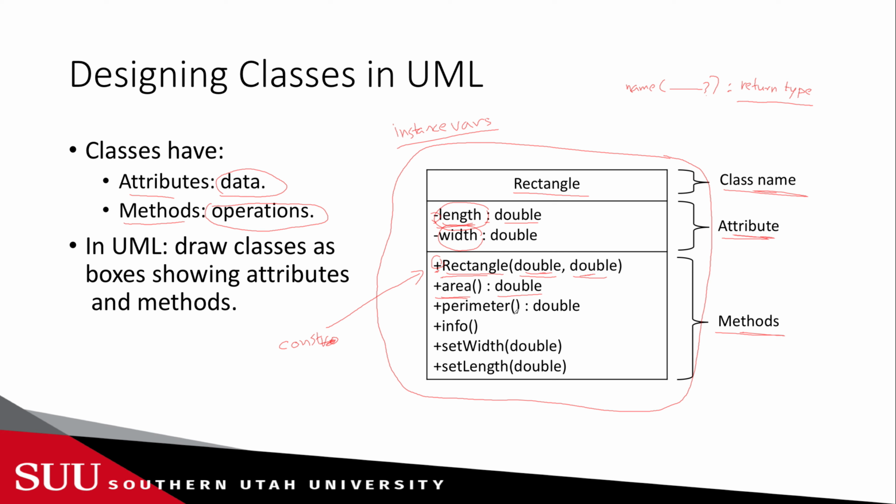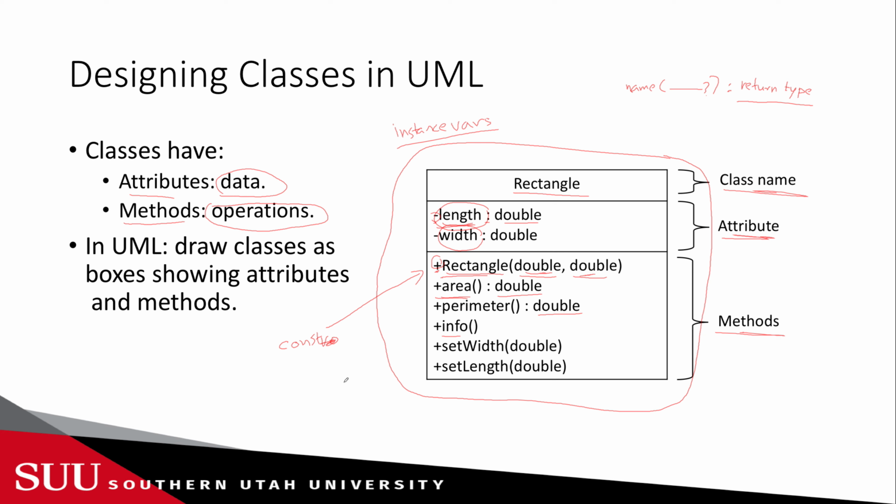Again, parameter doesn't take any arguments, return type is double. Info doesn't take any arguments, return type is void because I don't have any colon, I don't have anything in here. You don't put a colon and then say void, you just leave it without anything. Set width takes a double, return type is void. Set length takes a double, return type is void. And this is a general way on how you show your classes in UML notation.